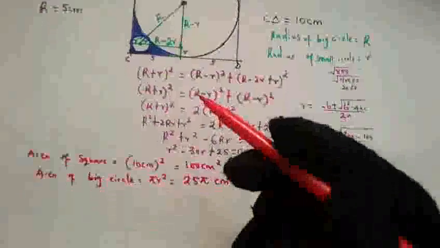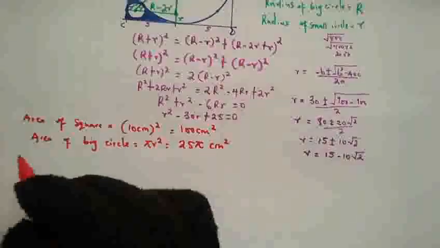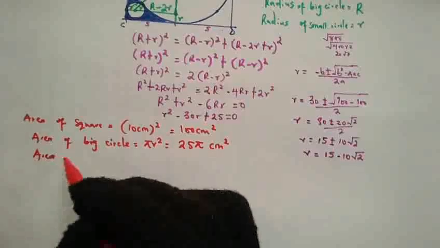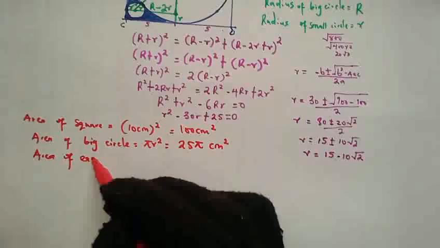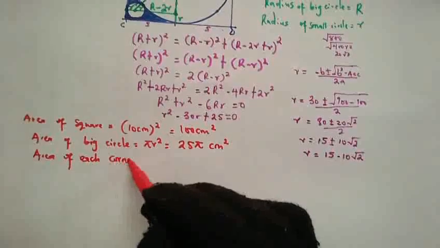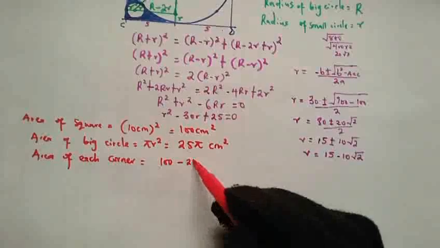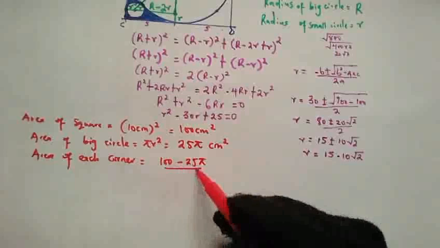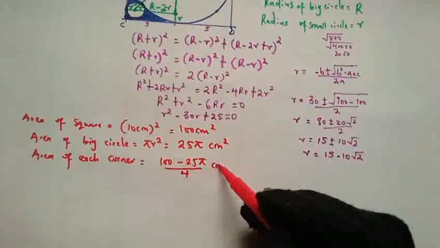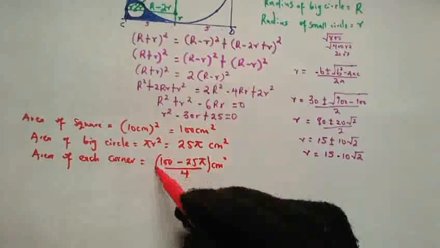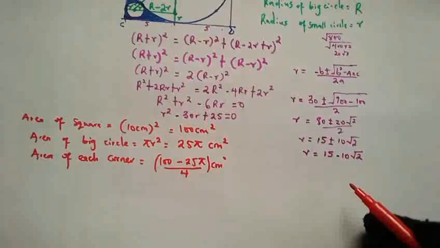So we have area of each corner is equal to 100 minus 25 pi all over 4 centimeters squared. So this is the area of each corner.